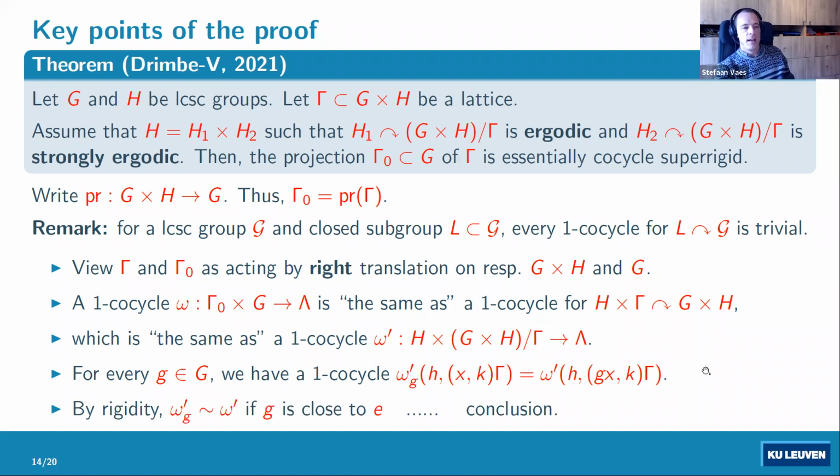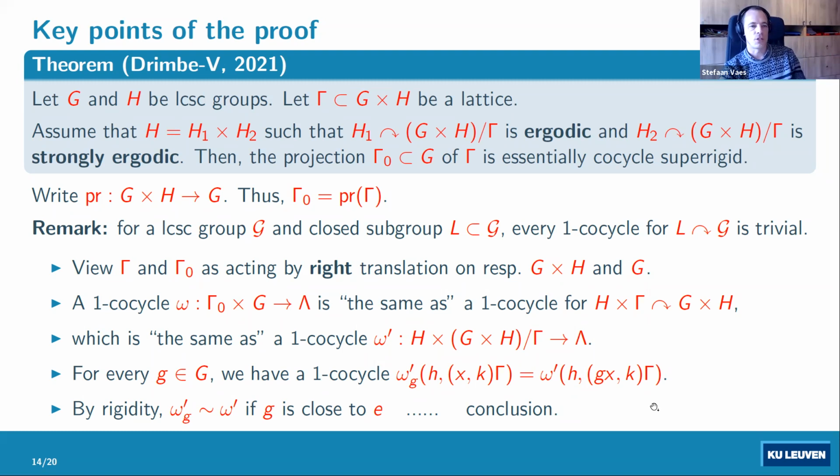And again, there is enough rigidity assumption to have that omega prime G will be cohomologous to omega prime if G is close enough to the identity. So here I did create for you an open subgroup because it will be the subgroup generated by this neighborhood. But then you feel, since I know things on a neighborhood, I have to analyze what happens if I return in a cycle. So there will be some covering, you feel it come, and therefore you only get to essential cocycle superrigidity, and you have to work. But that's the main idea.